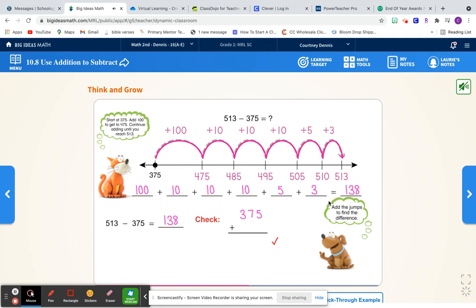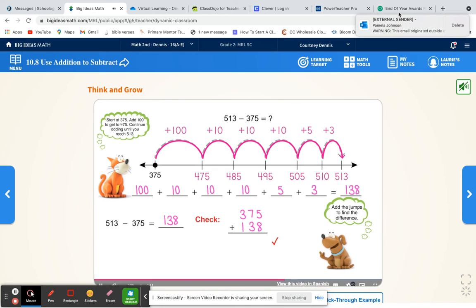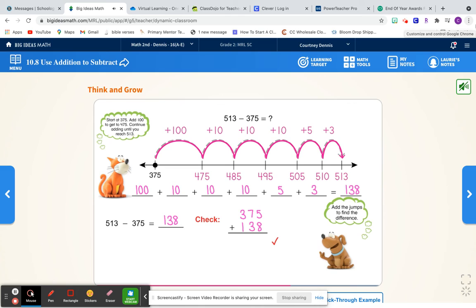Check. 375 plus 138 equals what number? Add the ones. 5 plus 8 equals 13. Regroup 13 as 1 ten and 3 ones.